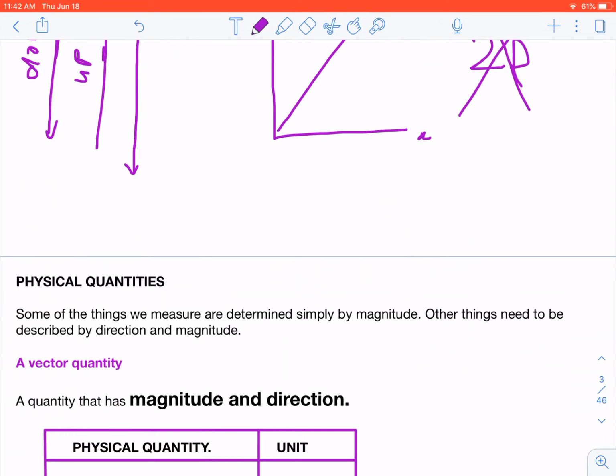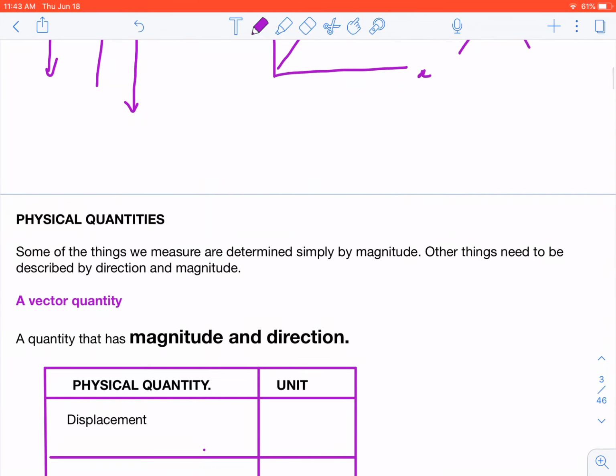Now let's look at the physical quantities. Some of the things we measure are determined simply by magnitude only, and other things need to be described by direction and magnitude.